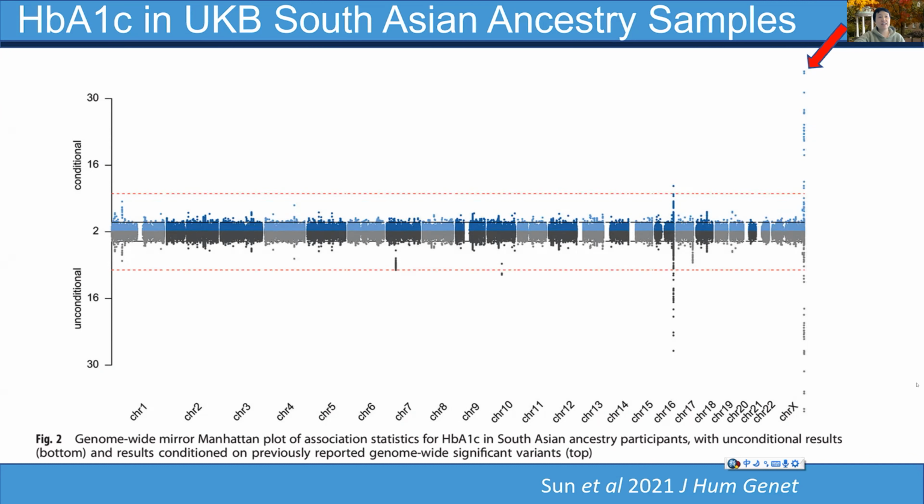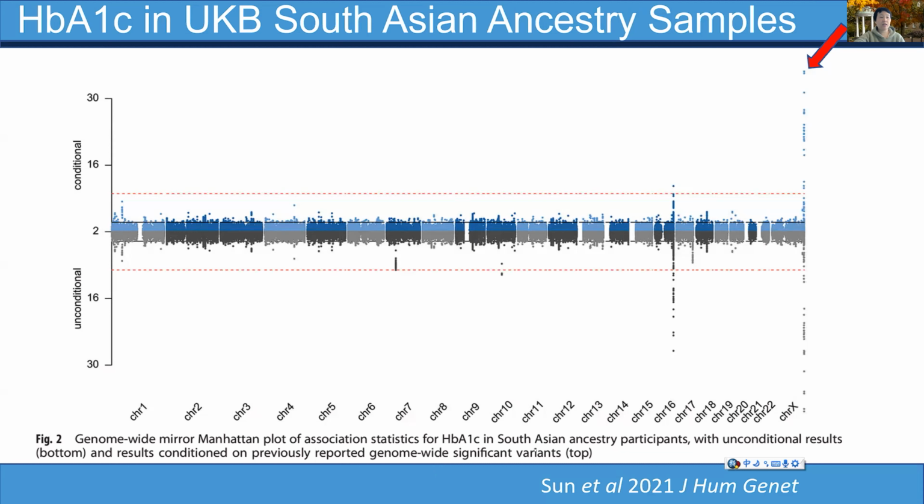And not only is this finding significant, in that we discovered a novel variant, but it also has very important implications. Consistent with the literature, this adds to the evidence of concerns over using hemoglobin A1C to measure glycemic control.